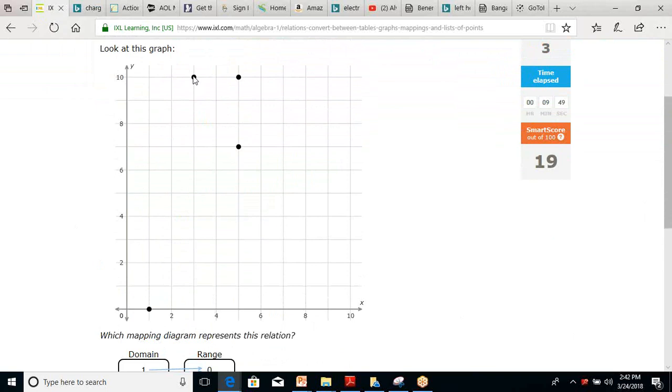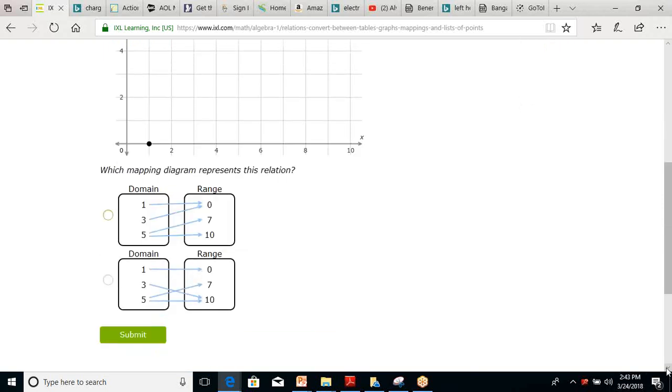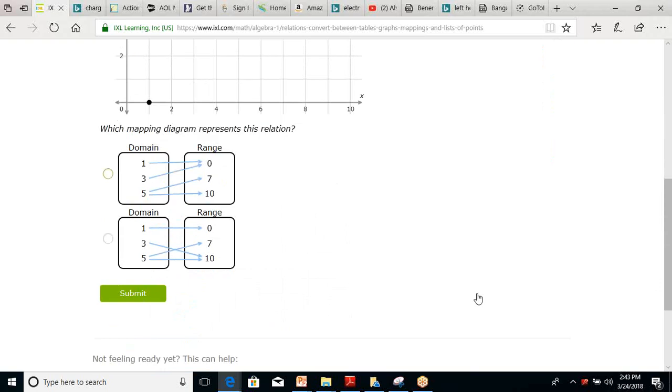So this point is defined by x 3, y 10, okay? Domain and range, it's the same thing. The domain is on the x-axis and the range is on the y-axis. So it's just coordinates that allow you to identify points.